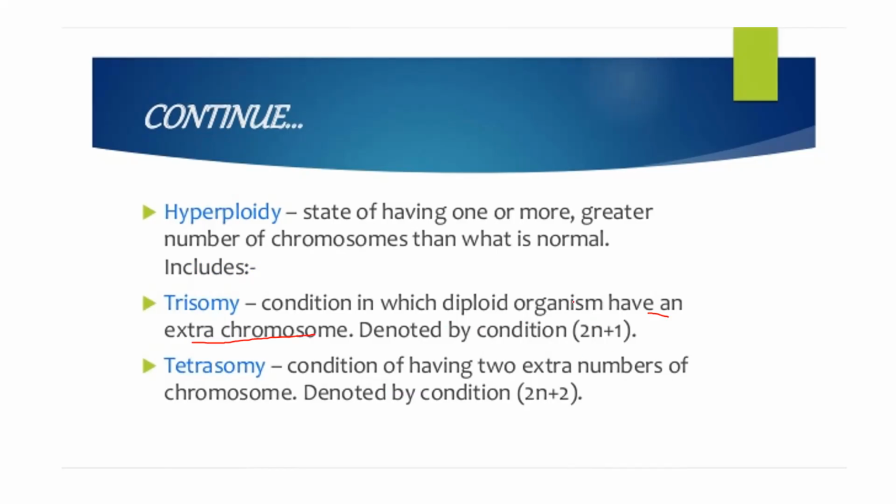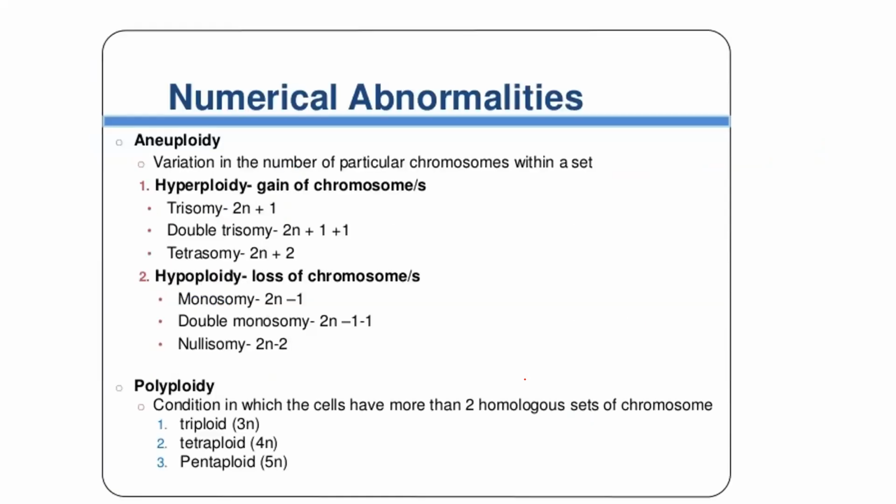Tetrasomy is the condition of having two extra chromosomes, so the 2n plus 2 condition. And trisomy is the 2n plus 1 condition.